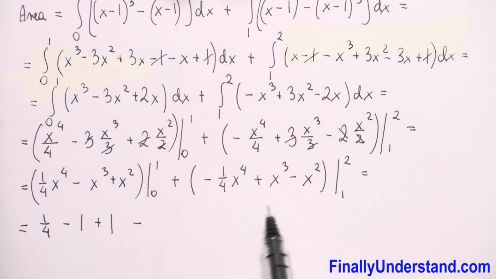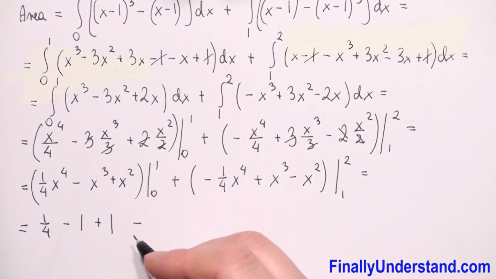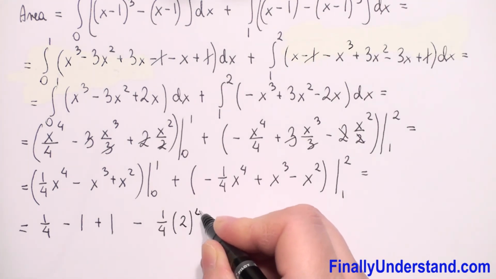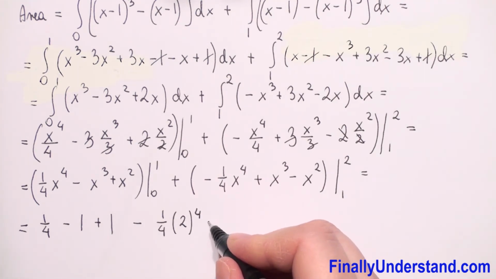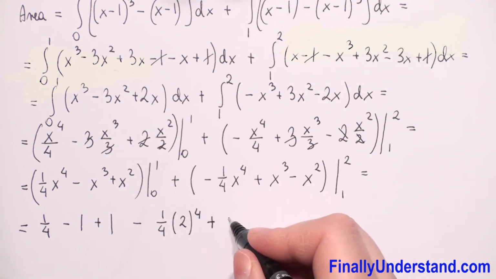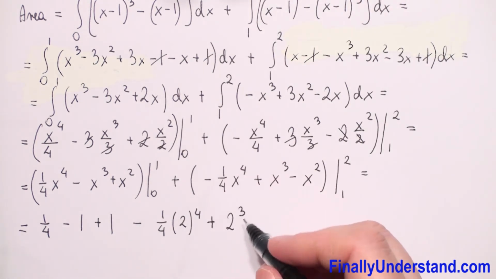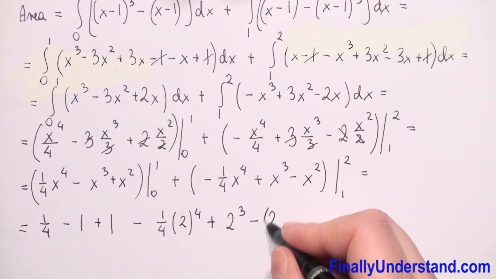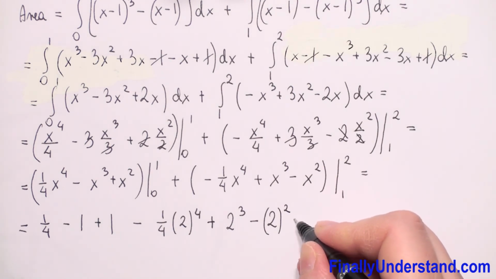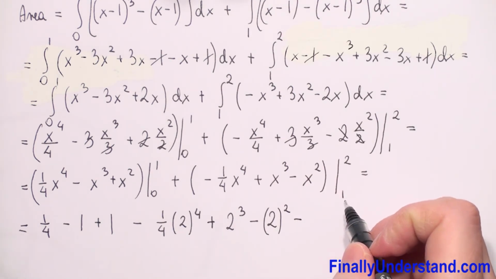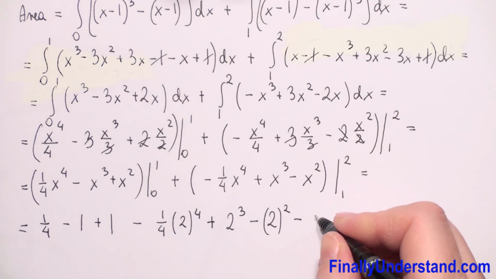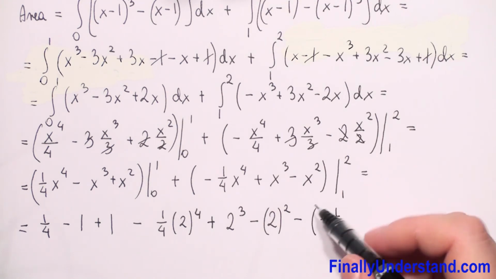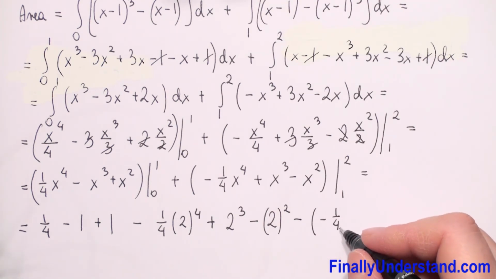And first we have to plug in the upper limit, so it will be 1 over 4 times 2 to the fourth power, and we have plus, and plus will be plus, 2 to the third power, and plus and negative will be negative 2 to the second power, minus, now we have to plug in the lower limit, which is 1, so it will be negative 1 over 4 times 1 to the fourth power is negative 1 to the fourth power.